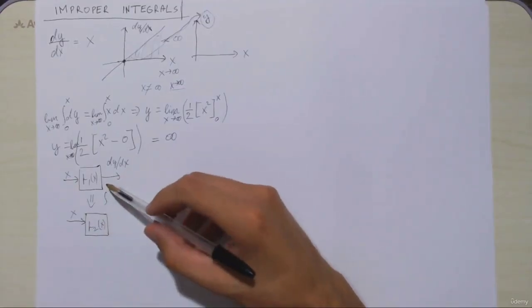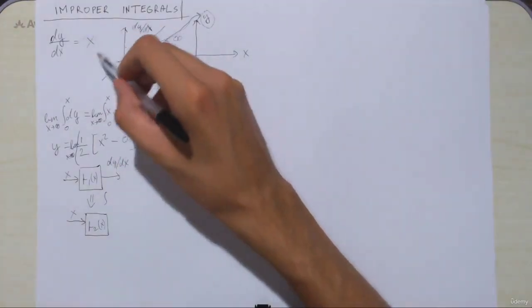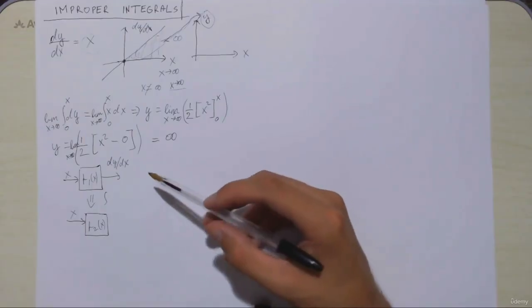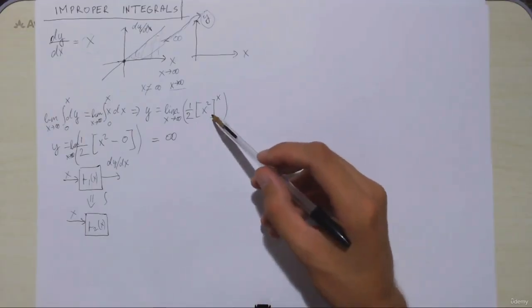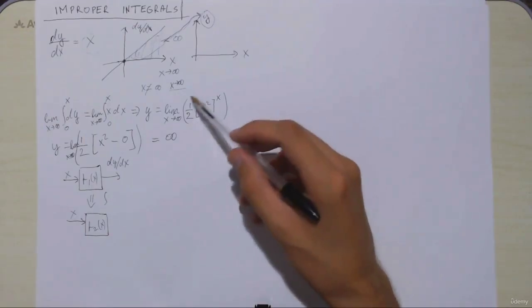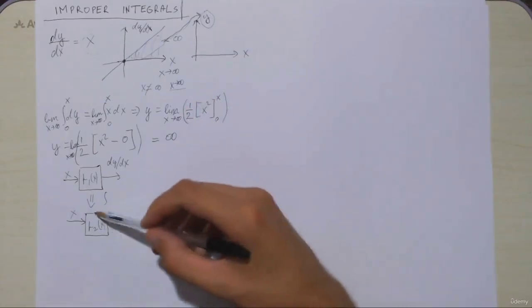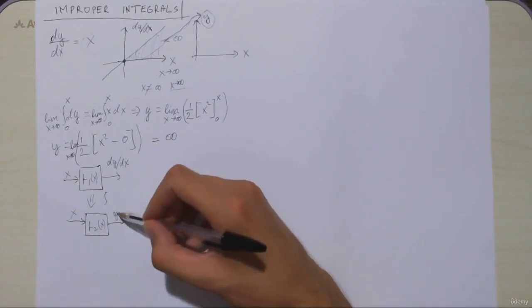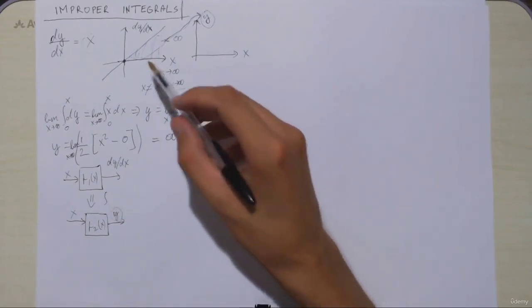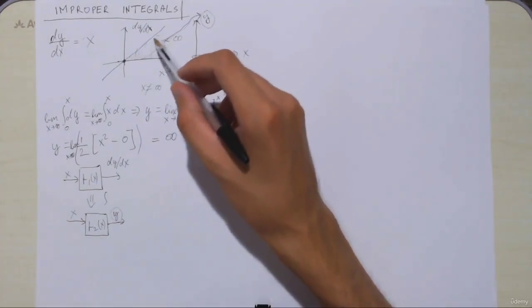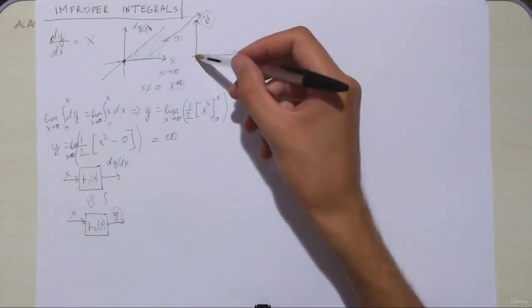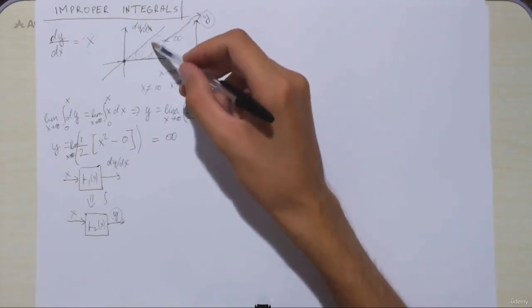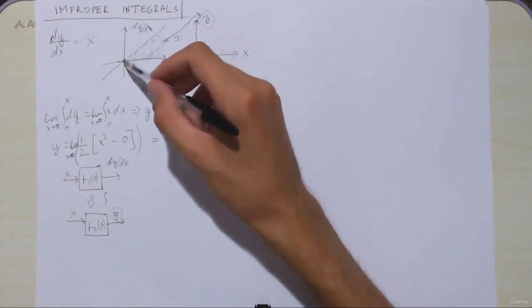So f1 as a function of x here was just x, but f2 as a function of x now would be 1/2 x squared.